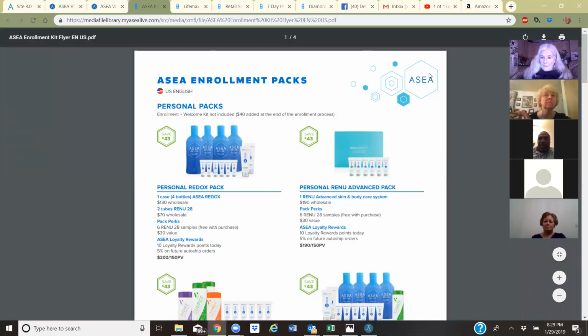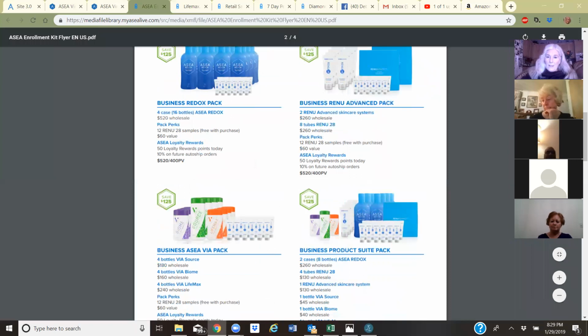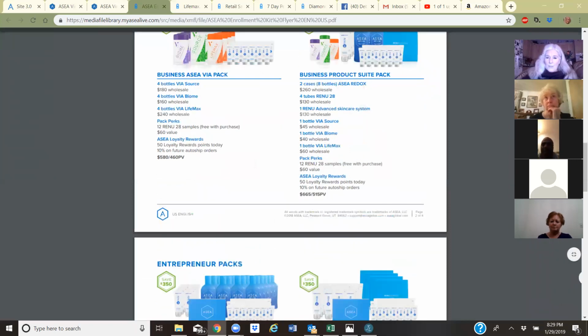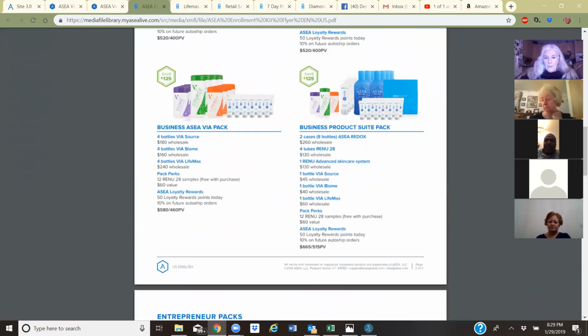here's all the kits that you can get. This is something else that you should have printed off and carry with you so that you can show people what is in each of these kits. Here's your business packs. Here's your entrepreneur packs. And if you've got an ASEA associate application, you should have one of these to go with it so they can see what's in their packs, so they know which one to order and which one they can afford.